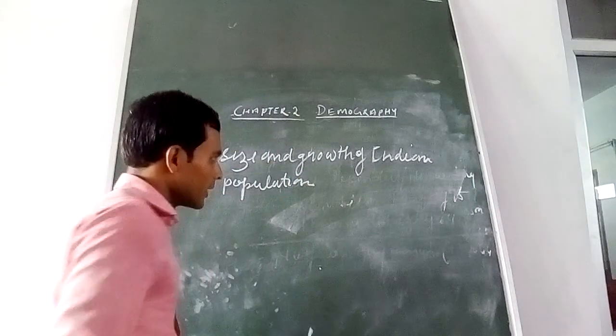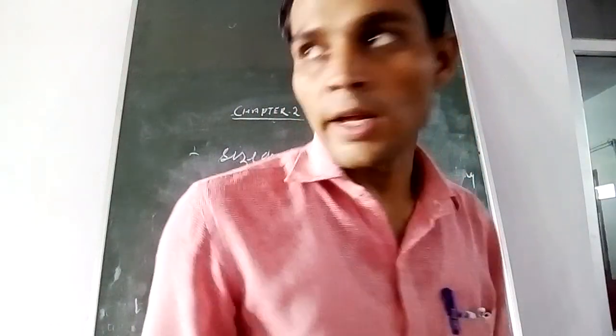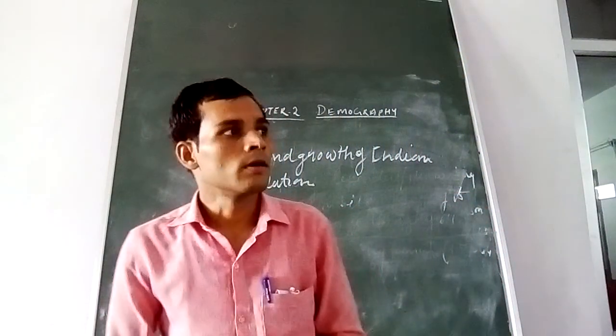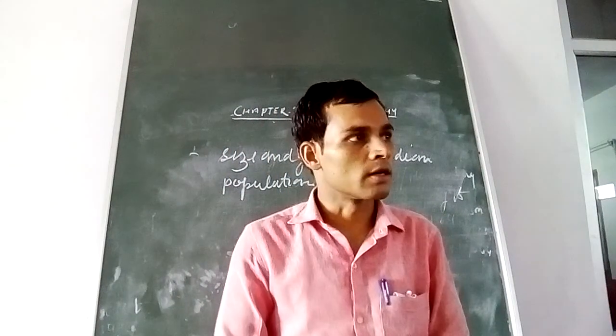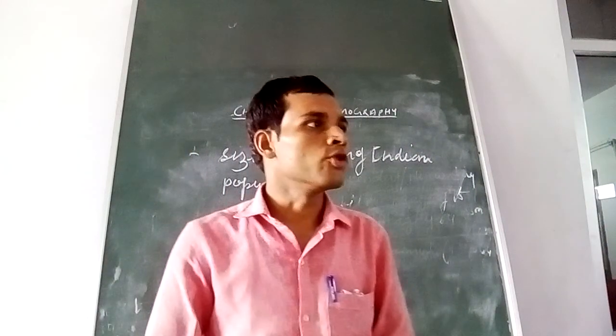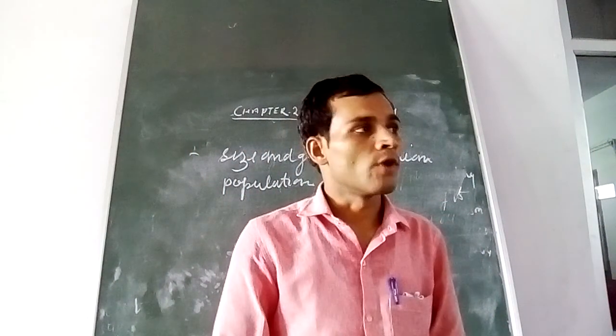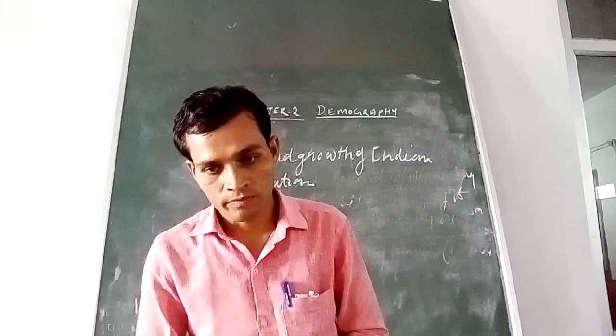So you already know about the Indian population. Here in India, approximately 130 crore people are living in this country. So it is termed as the second most populous country in the world. First is China, second is India, and third is the USA.